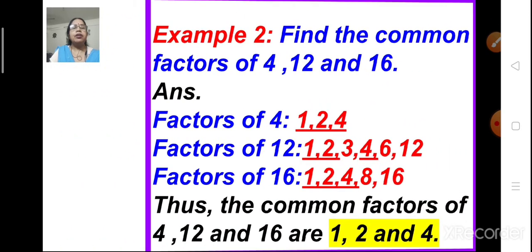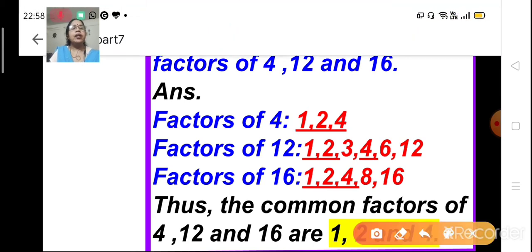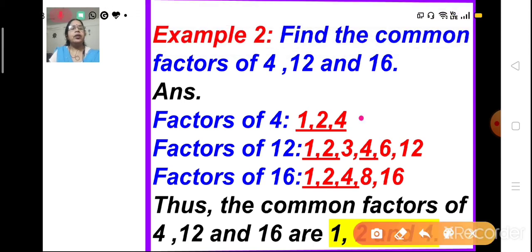Let us consider one more example, the common factors of 4, 12 and 16. These three numbers, what are the common factors of these numbers? First let us write the factors of these numbers. What are the factors of 4? They are 1, 2 and 4. And what are the factors of 12? They are 1, 2, 3, 4, 6 and 12.